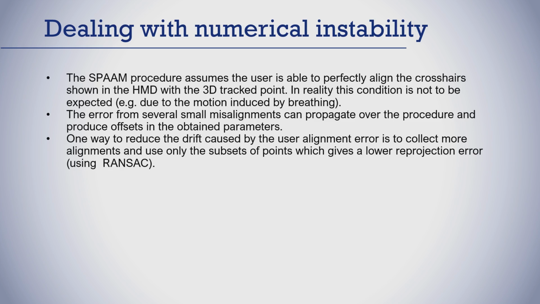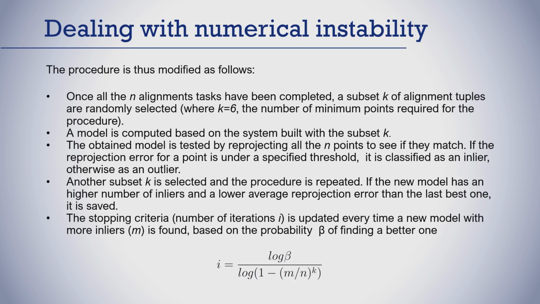So one solution was to use the RANSAC procedure to make the procedure more robust. Basically, how it works is that instead of using only 6 alignments, you take more, for example 15, and then you start computing the model for the minimum number of points that can be used for the SPAAM procedure.